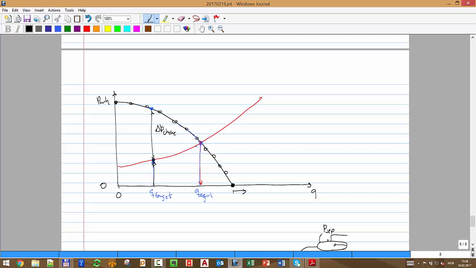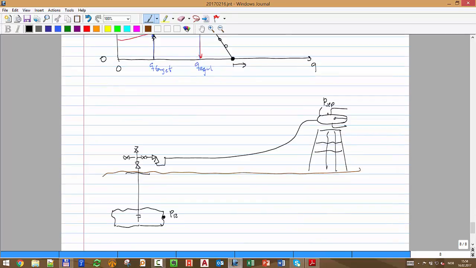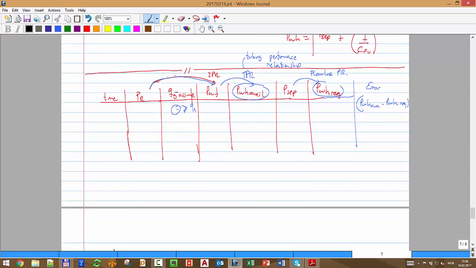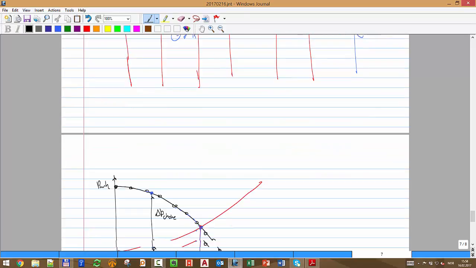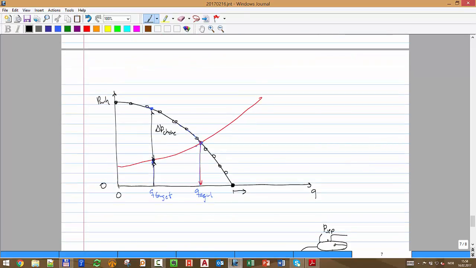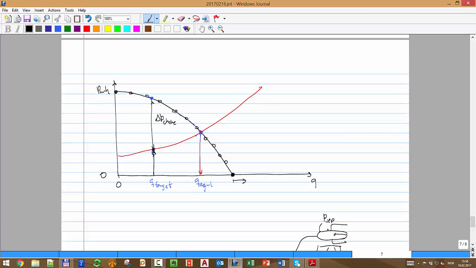And that element, we didn't take it into account before. We just did as if it was fully open. But how do we calculate how much the delta P of the choke has to be?